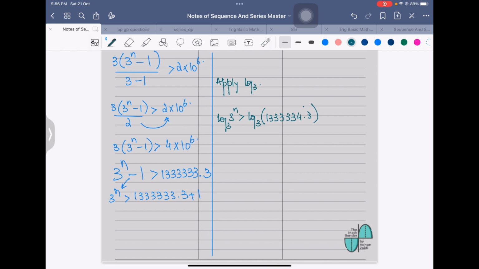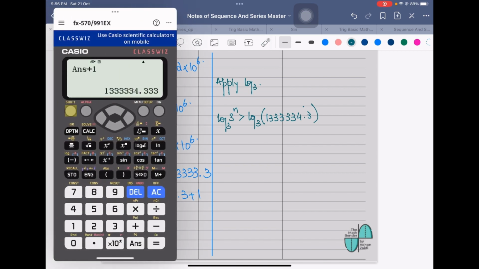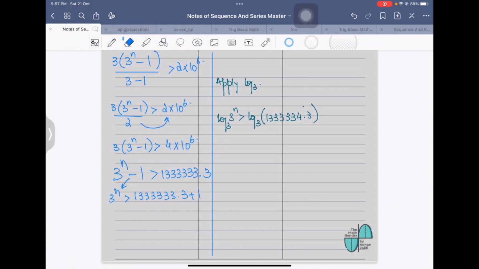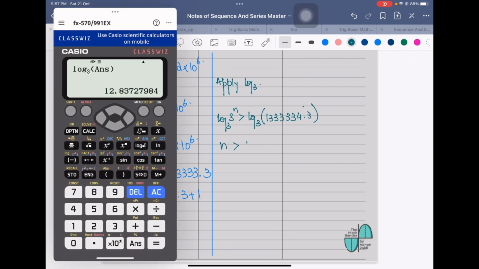You see I just wrote ans over there, which means whatever value was there previously, I'm using that. I don't have to remember it. So this becomes n is greater than 12.84.